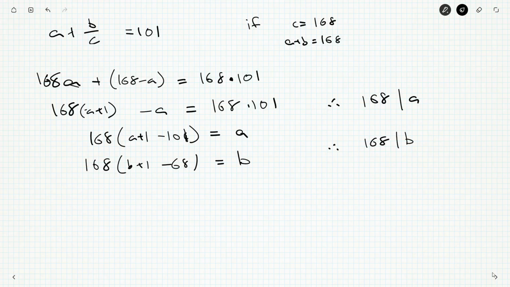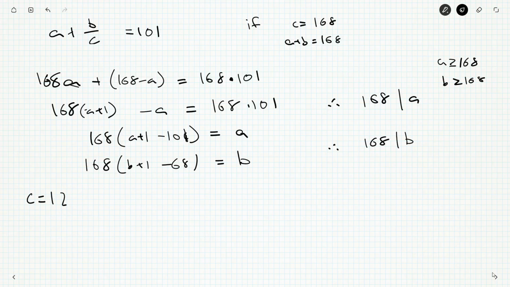So to be positive integers, that would mean that they're both at least 168. So we've got a problem because they can't both add up to 168. Okay, so that's why K can't be 1.